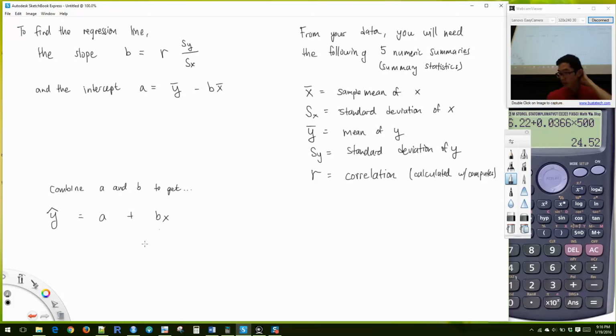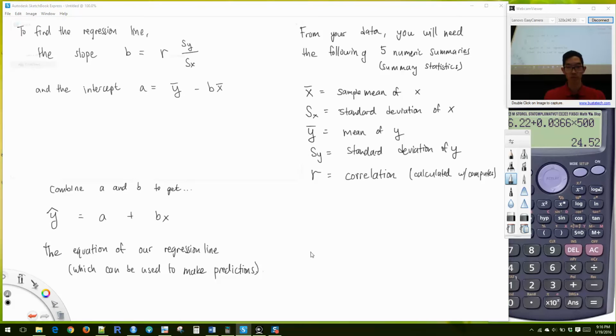And this is the equation of our regression line, which we can use to make predictions. All right, is that okay?